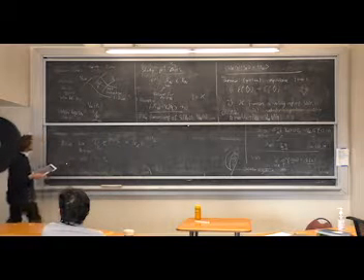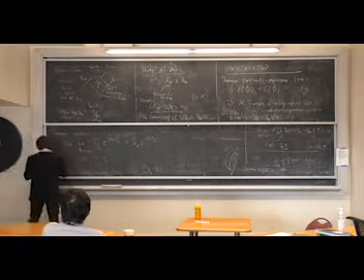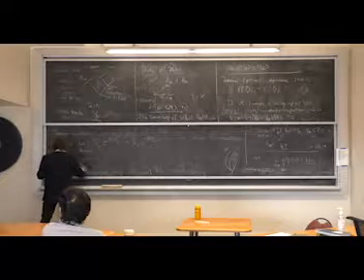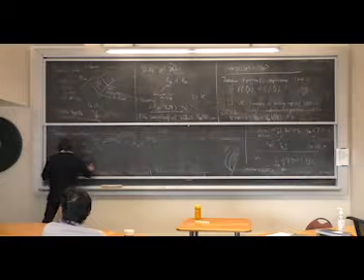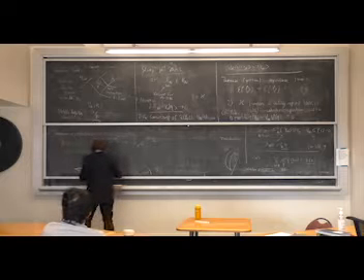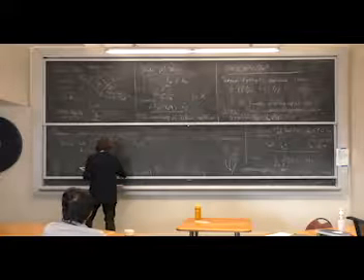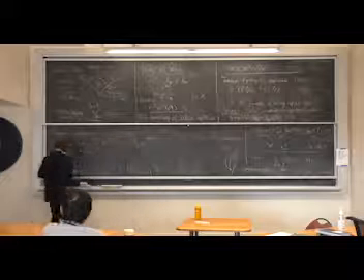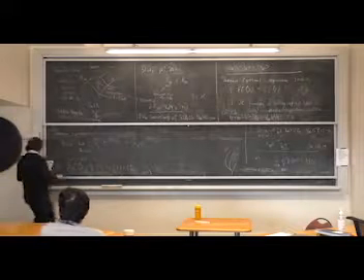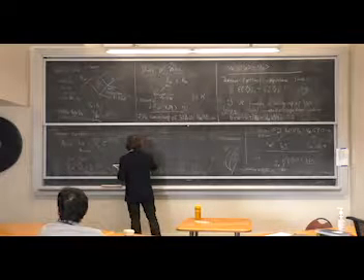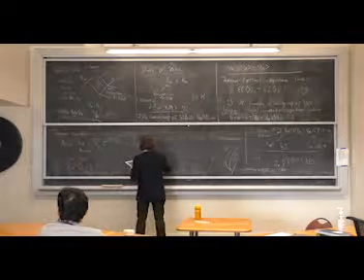Then the first result is that the entanglement wedge of two diamonds is equal to just the causal wedge, the algebraic union of the causal wedges of the two diamonds, for diamonds that are sufficiently far apart.